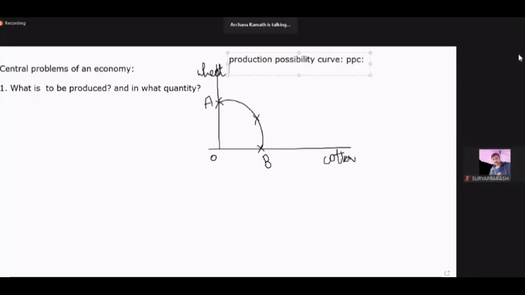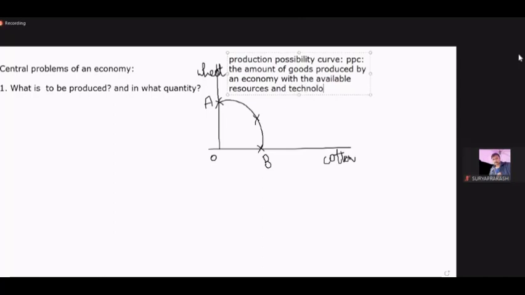The definition is the amount of goods produced by an economy with the available resources and technology. It's a combination of goods that is being produced or provided by an economy with whatever resources they have and the technology they are equipped with. So that is what the production possibility curve is.